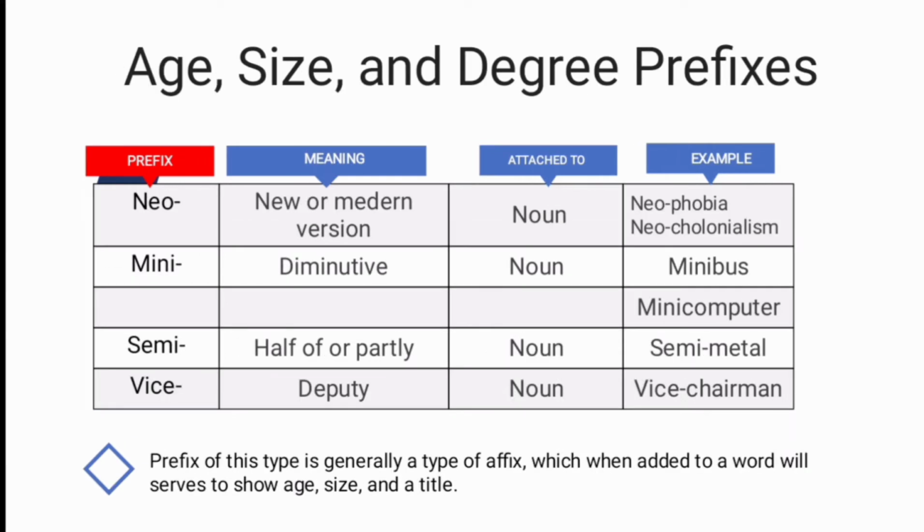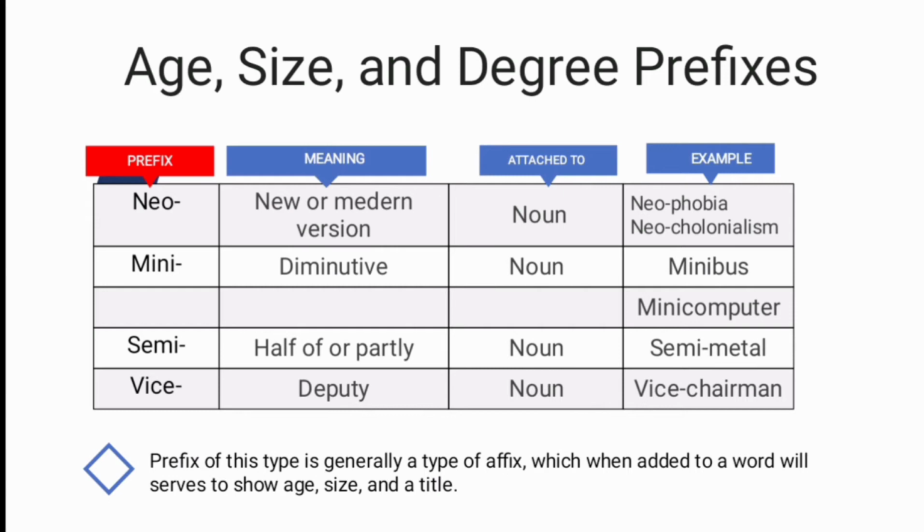So now let's move to age, size, and degree prefixes. Prefixes of this type are generally a type of affix which, when added to a word, will serve to show age, size, and a title. For example, prefix "neo" in the word neophobia or neocolonialism dapat kita kategorikan masuk ke dalam age prefixes.